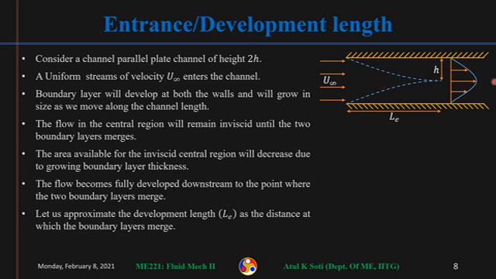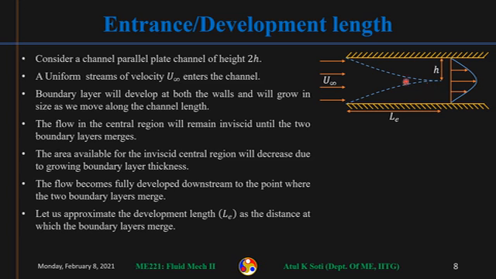Afterwards, there are going to be viscous effects everywhere, but at the entrance, for some length, there will be no viscous effects in the central region. The viscous effects will be restricted to only the near wall regions, and that near wall region will keep on growing. So at the entrance, boundary layer thickness is almost zero, and as you go along, boundary layer thickness increases.